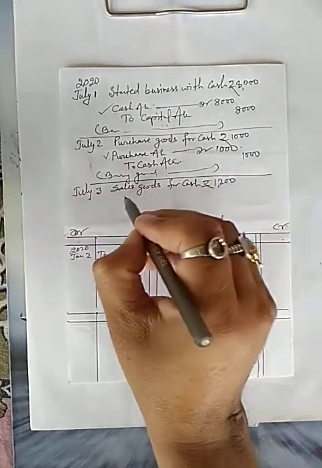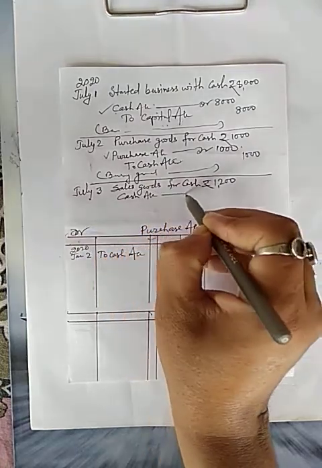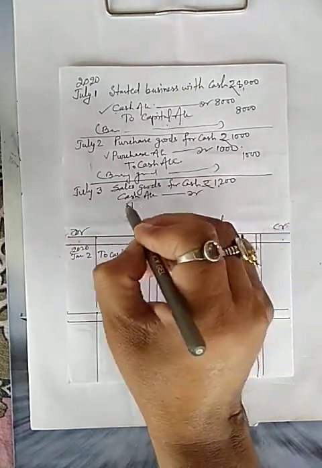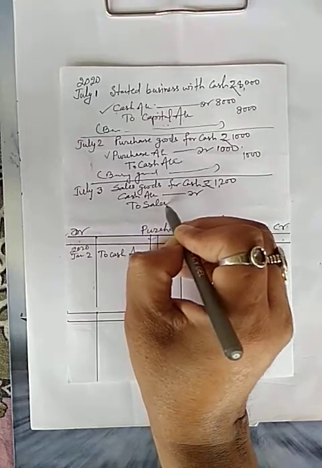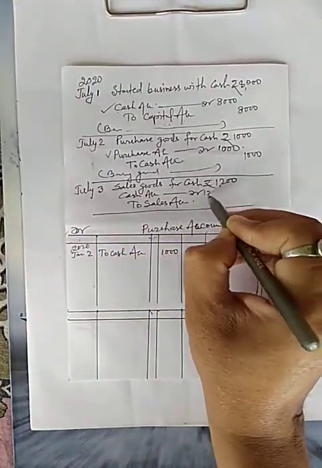Then journal entry will be cash account dr to sales account 1200.